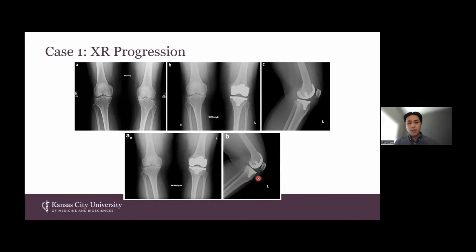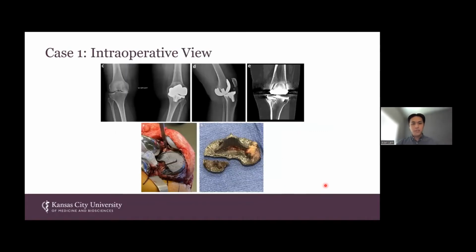Additionally, the patient was asymptomatic, so there was no over concern for this slight radiolucency on the tibial component. But then when we jump back to that present office visit, we can clearly see what happened with the abnormal angulation, the medial tibial deviation consistent with the fracture, as well as that subluxation.